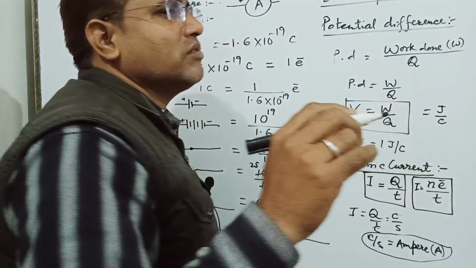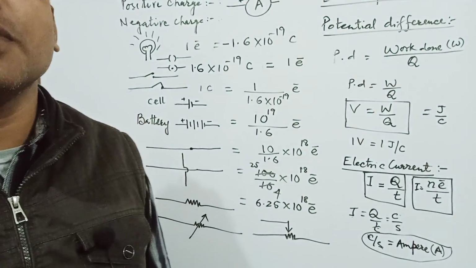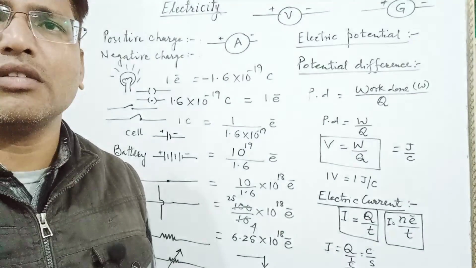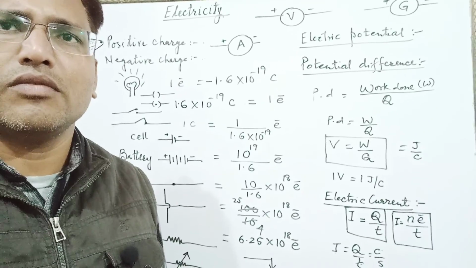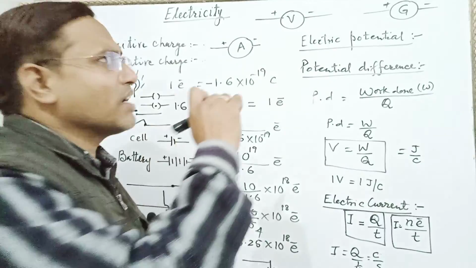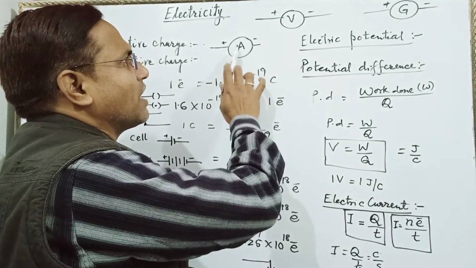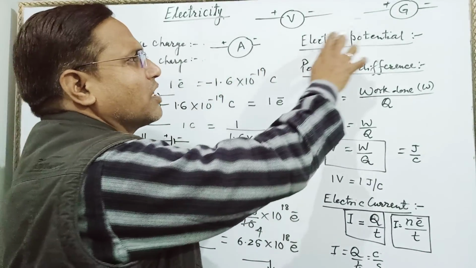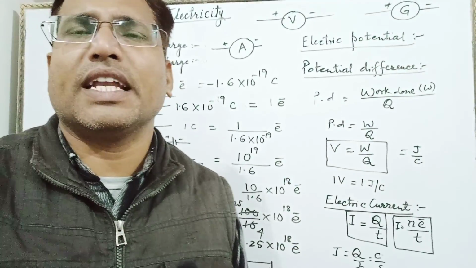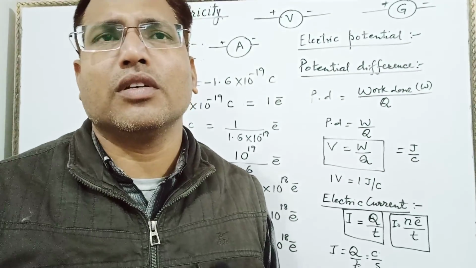One more thing, what is the difference between an ammeter and a galvanometer? See, when I was showing, this part was not visible. So this one is for the ammeter, this is for the voltmeter, and this is for the galvanometer. What is the difference between an ammeter and a galvanometer?